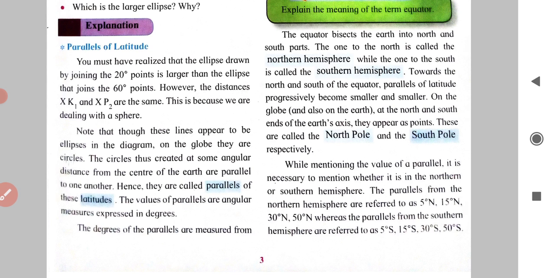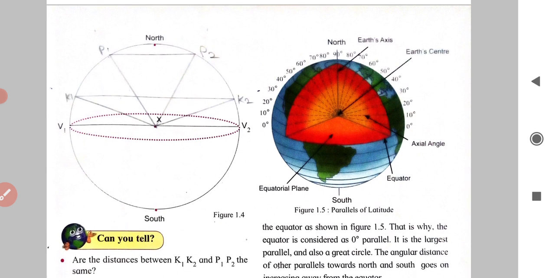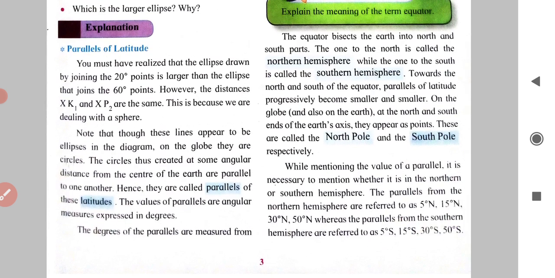Now, while stating the value of a parallel, it is necessary to mention whether it is in the northern or southern hemisphere. We have to take care which side it is on, either the northern hemisphere or the southern hemisphere. The parallels in the northern hemisphere are referred to as 5 degree N, 15 degree N, 30 degree N, 50 degree N, whereas the parallels in the southern hemisphere are called 5 degree S, 15 degree S, 30 degree S, 50 degree S. I will show you that.